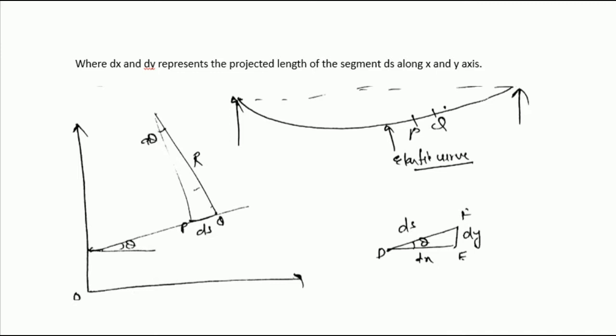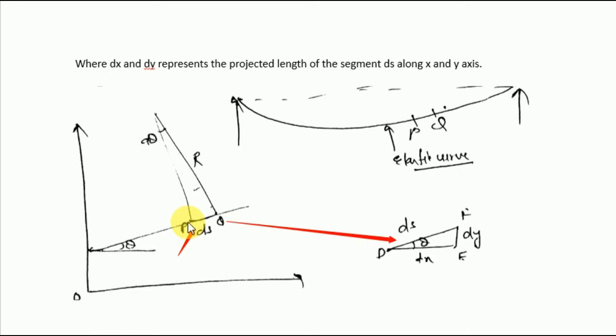How can we do that? On PQ we make a triangle, and DF shows the diagonal distance of PQ.